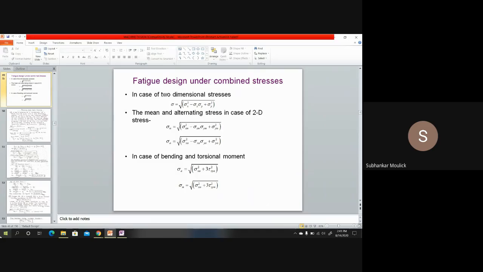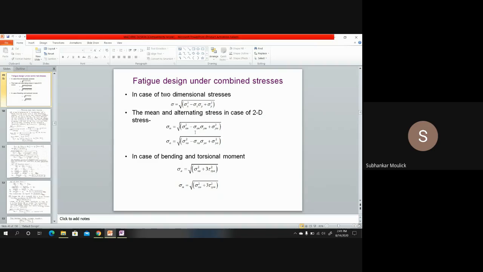In that case, the two-dimensional resultant stress sigma is given by the expression under root sigma x square minus sigma x into sigma y plus sigma y square. And the mean stress sigma m is given by under root sigma x mean square minus sigma x mean into sigma y mean plus sigma y mean square. That means mean stress along x direction and mean stress along y direction.